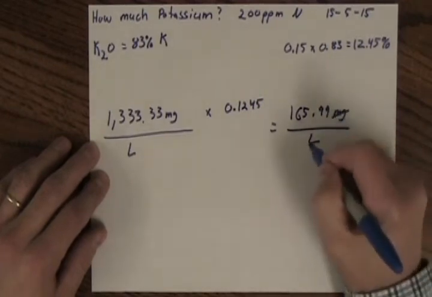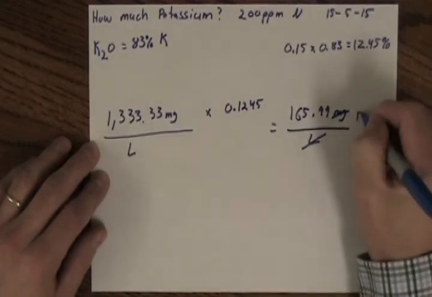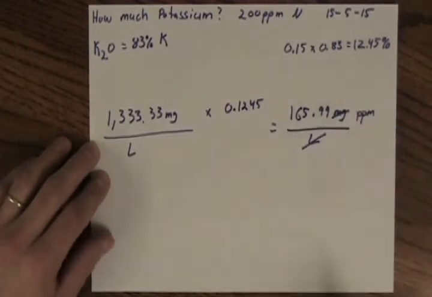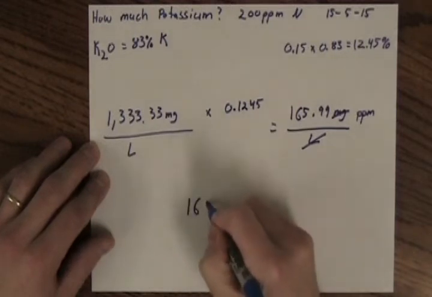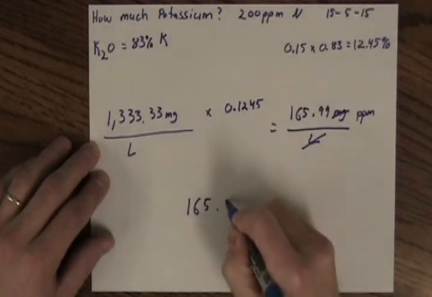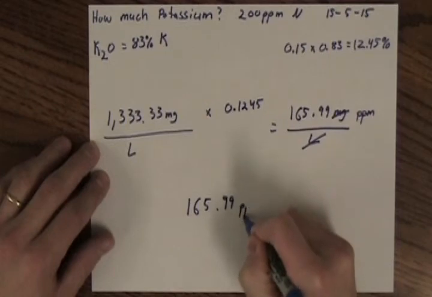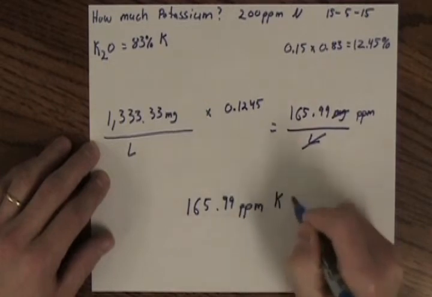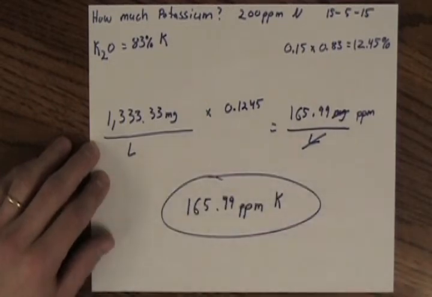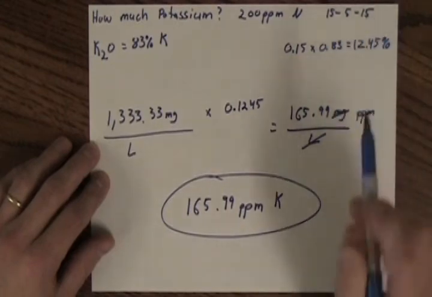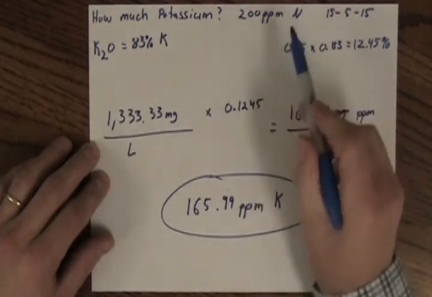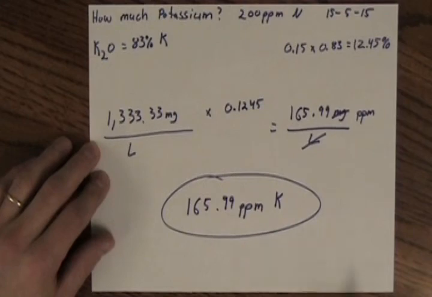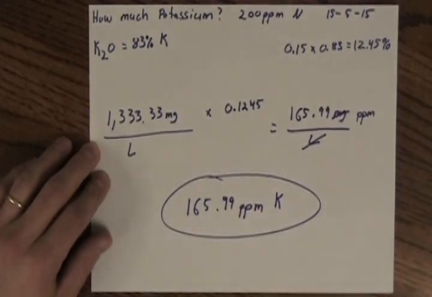And we know that milligrams per liter also equals parts per million. Therefore, we get 165.99 parts per million potassium when we mix a 15-5-15 fertilizer to 200 parts per million nitrogen. We get 165.99 parts per million potassium.